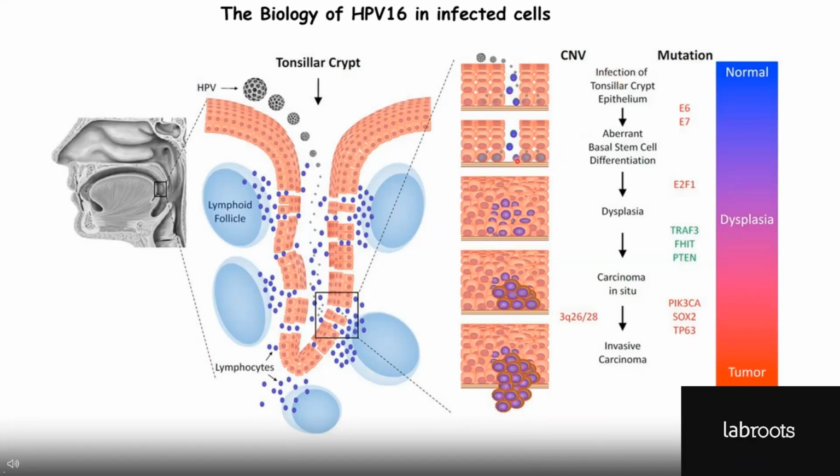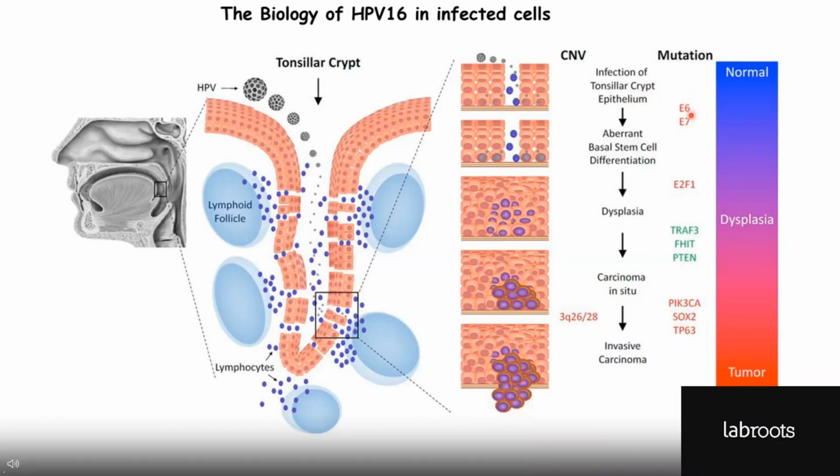Then you have stem cell differentiation over here. And then you have a dysplastic condition followed by carcinoma. And then that carcinoma in situ gets transformed into an invasive carcinoma.